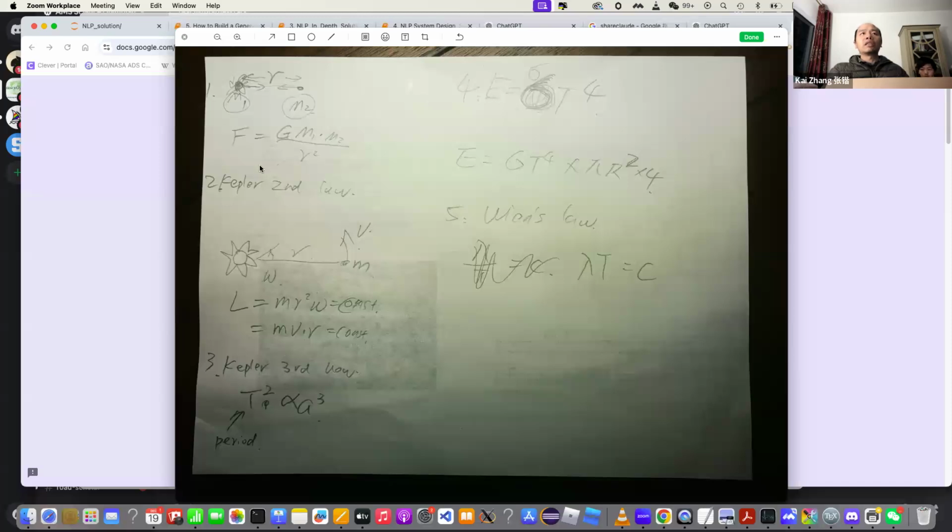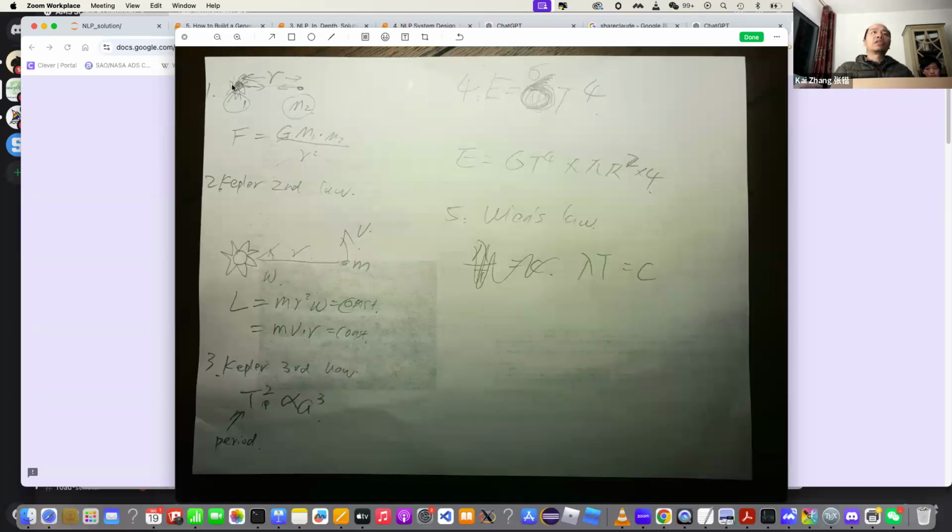You can calculate the force of the sun to the Earth. So the formula is like this. F equals G, where G is a constant, multiplied by M1 times M2 and divided by R squared.